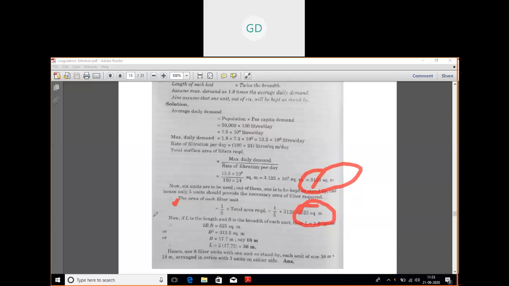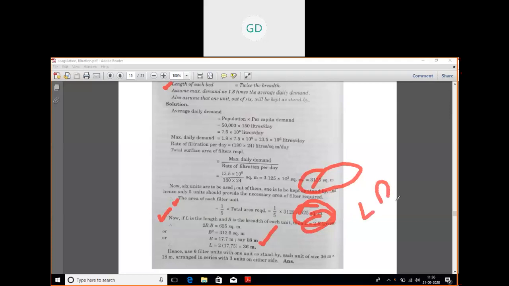Now one condition was again given that your length is equal to 2 times your breadth. In the question it is given that length is equal to twice the breadth. So you put this condition, L is equal to twice B. Then you will get the breadth as 18 meter. See, if L is equal to twice B, then area is what?